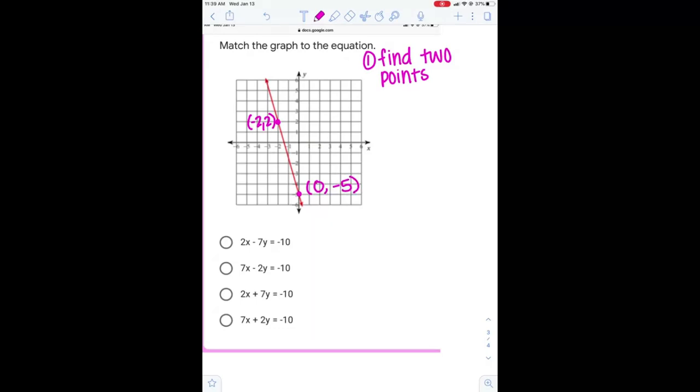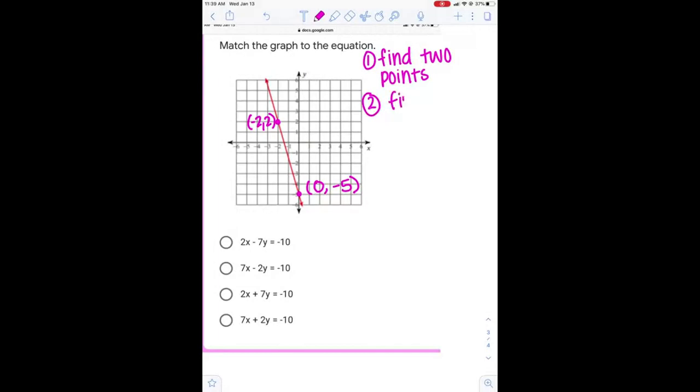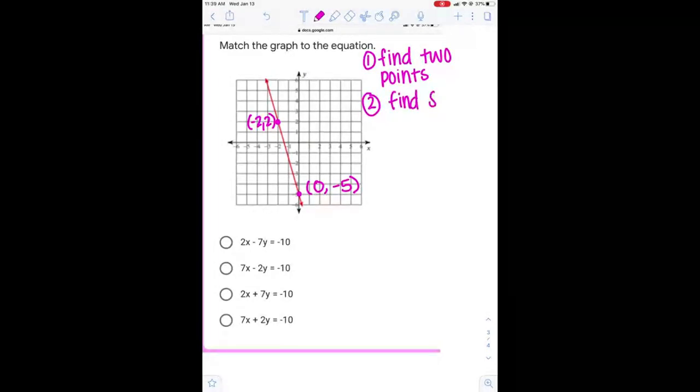And so then I'm going to find my slope using rise over run. So this is all stuff that we already know how to do. So you're just finding your slope just like you would normally.